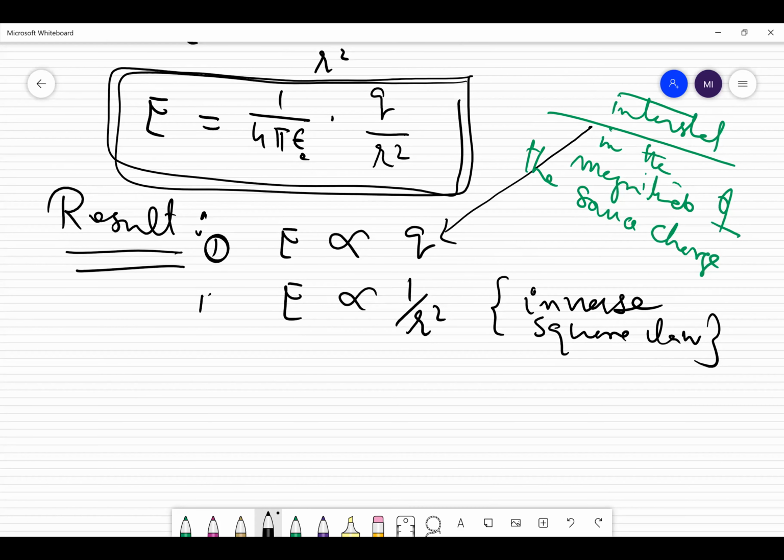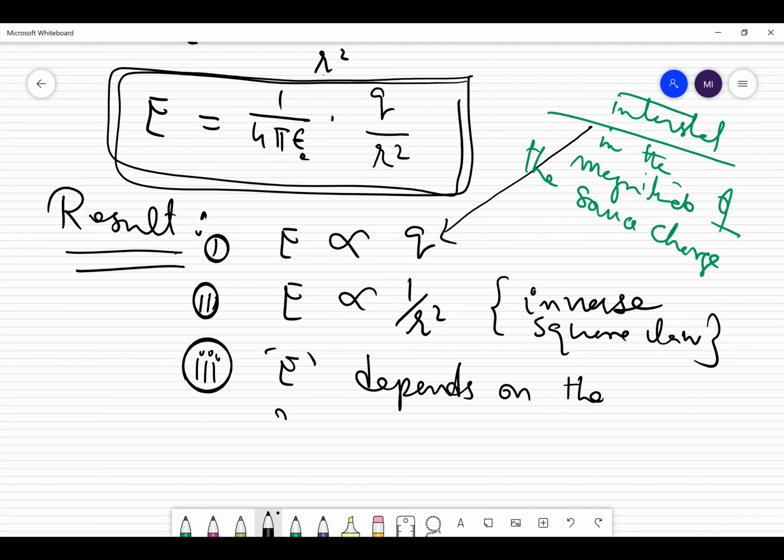The second result is that the electric field intensity decreases by 1 over R square. And the third important point is that E is medium dependent; it depends on the nature of the medium. So the electric field intensity at a point depends on the magnitude of the source charge, not of the test charge. Remember, that is very important. And it follows the inverse square law.